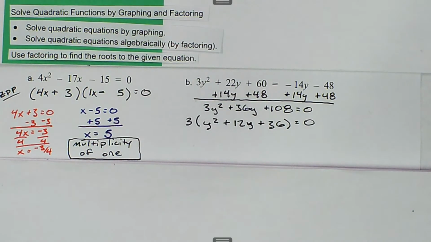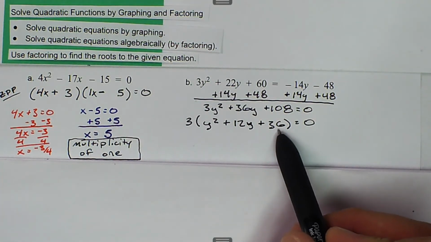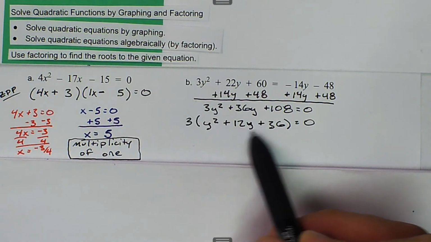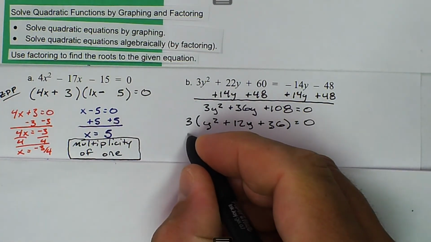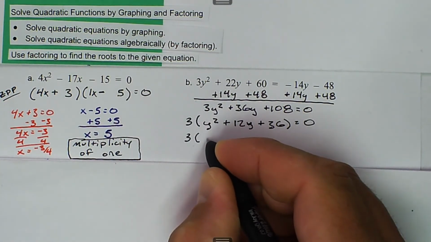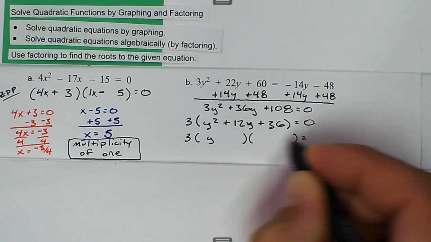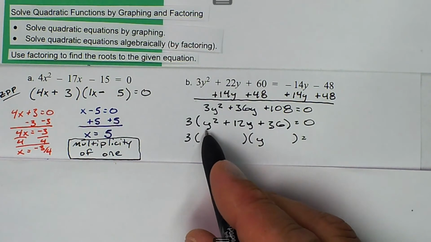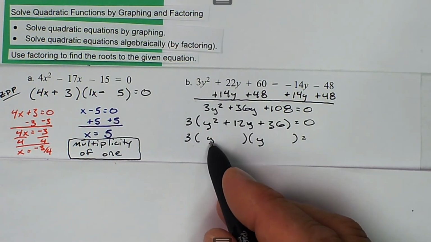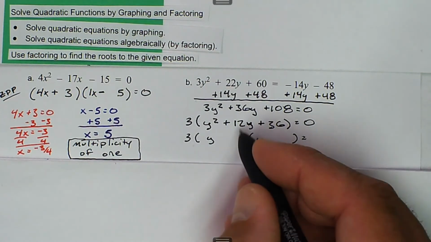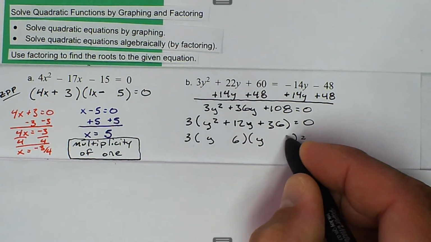Now I can factor this into two numbers that multiply to 36 and add to 12. That is going to be 6. The only two numbers that are going to multiply to y squared have to be y and y. And then to get to 36 and add to 12, we pick 6 and 6.